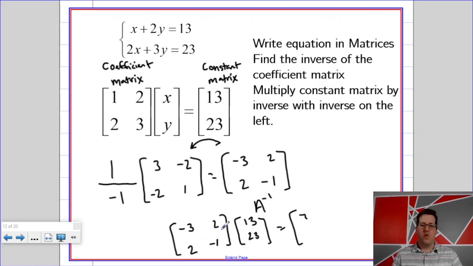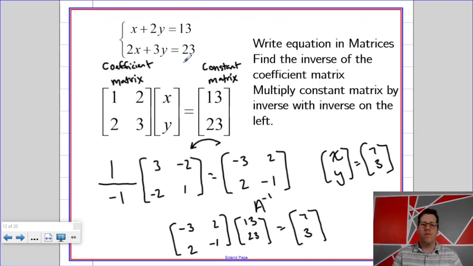And 26 minus 23, that's 3. What I'm saying is that I have just found that xy is 7, 3, meaning x is 7 and y is 3.